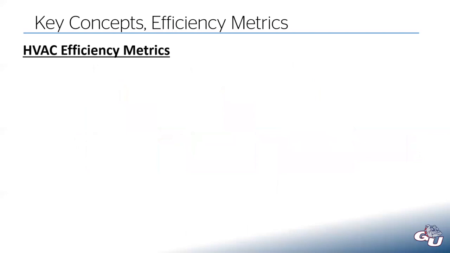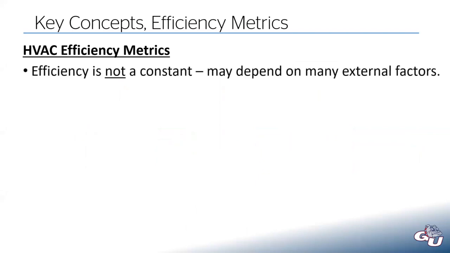So let's talk HVAC. And how do we measure HVAC efficiency? When we're talking about this kind of equipment, efficiency is not a constant. There's going to be all kinds of external factors that are going to impact how efficient our equipment's going to be.